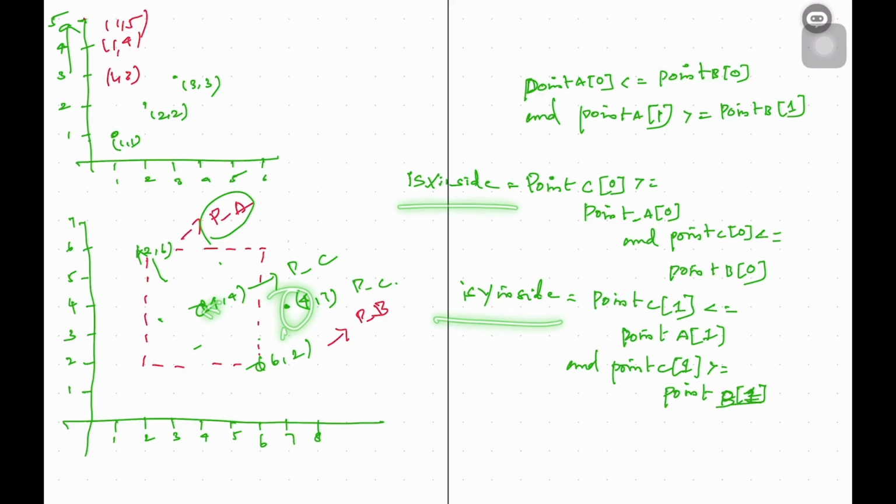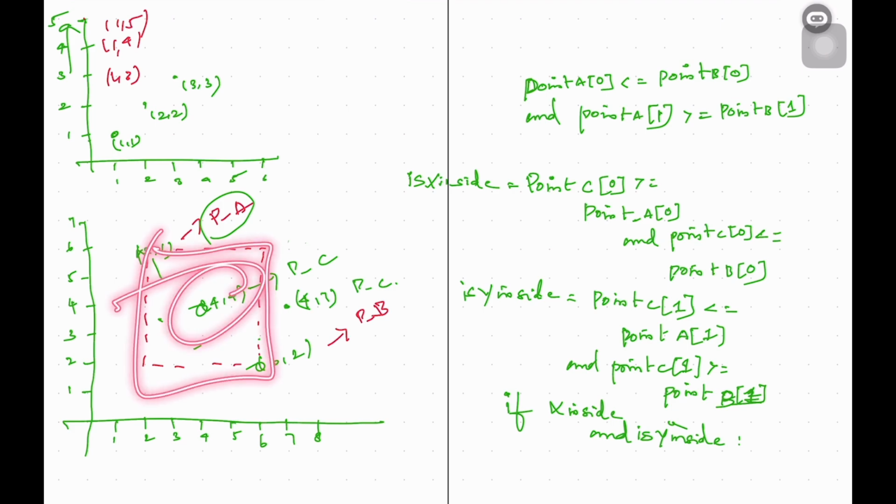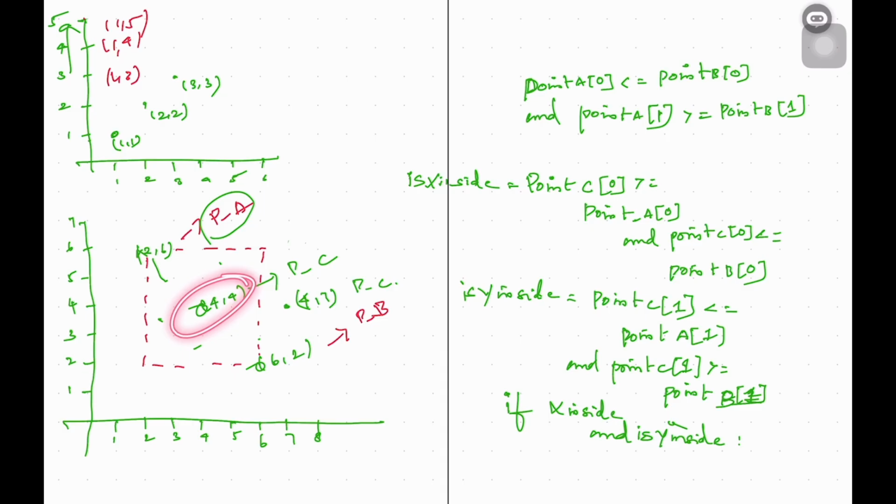So that's why we are checking if x and y both are inside, then which means no, you can't further consider. Already these 2 points already have 1 point inside. So which means this can't be a valid pair.